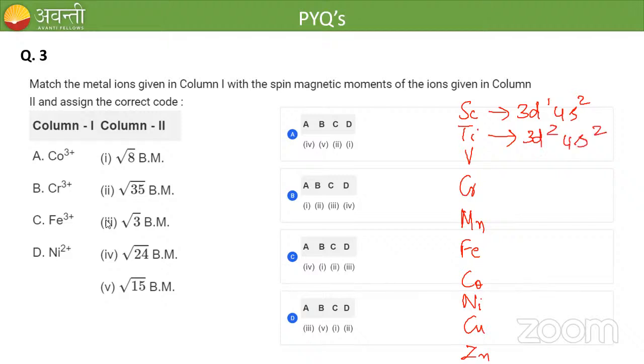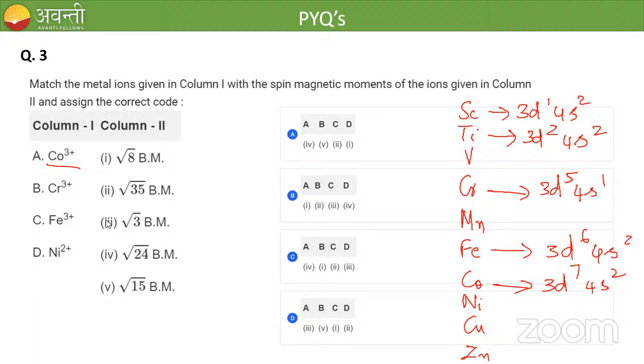Two persons have given option A as the correct answer. Okay, let's check. We have cobalt 3+. The configuration for cobalt is 3d7 4s2, for chromium it is 3d5 4s1, for iron it is 3d6 4s2, and for nickel it is 3d8 4s2.